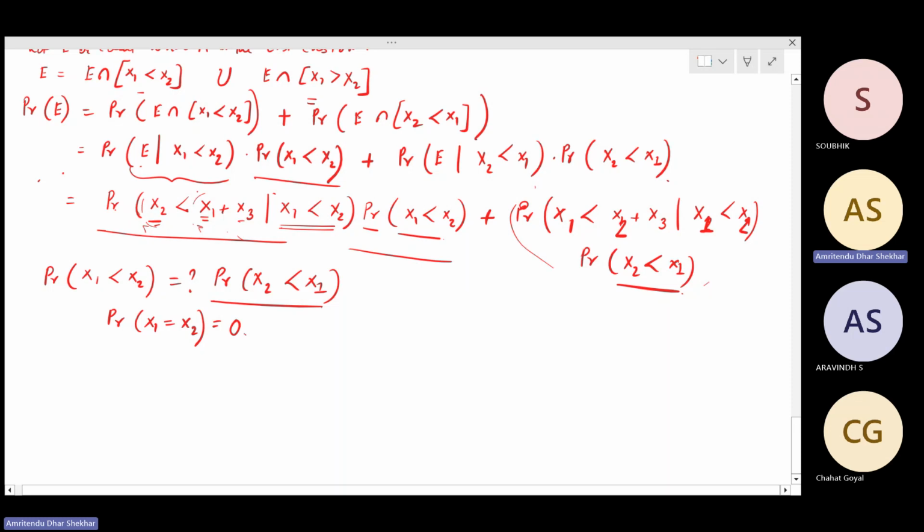So you have three mutually exclusive events: x1 less than x2, x2 less than x1, and x1 equals x2. The last one has probability 0, so the probability of x1 less than x2 is equal to half.